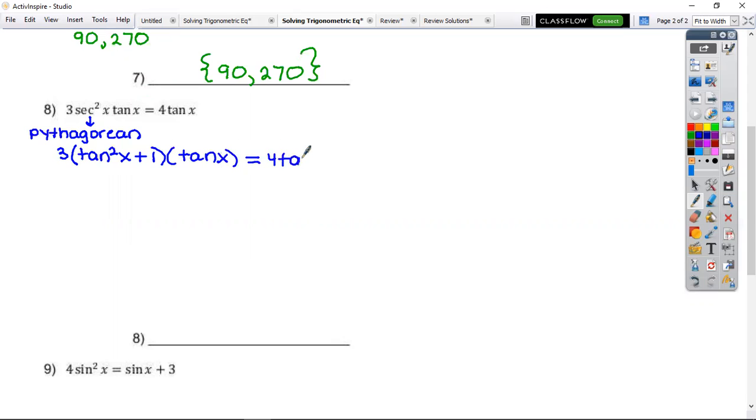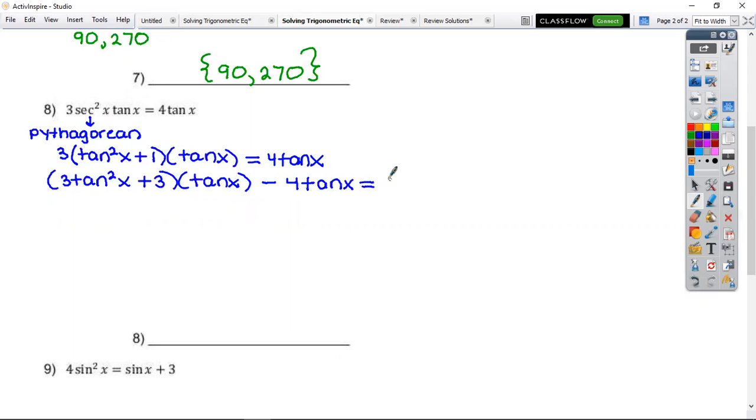Very good. All right, distribute. I have 3 tan squared x plus 3 multiplied in a moment by tan of x. It's up to you guys. Do you want to move the 4 tan x over now? You might as well, because you know you're going to have to get this equal to 0 anyways.